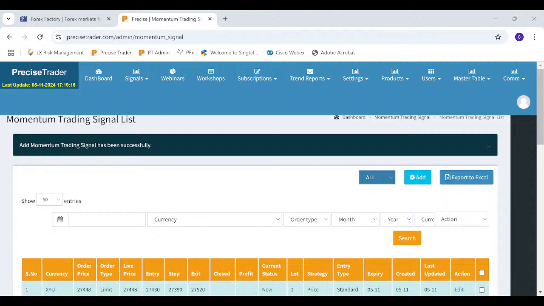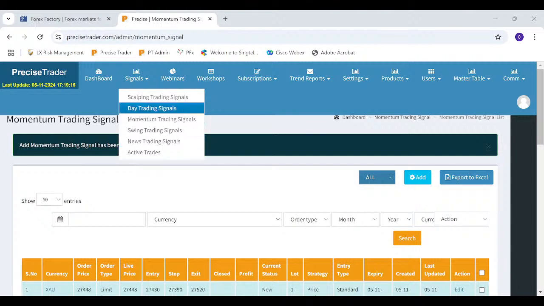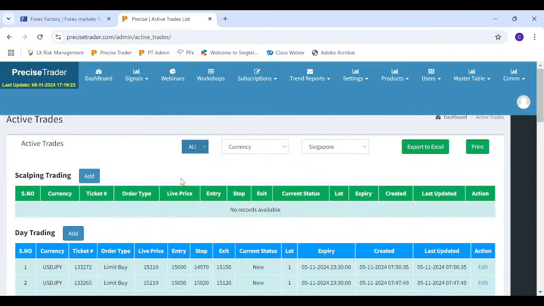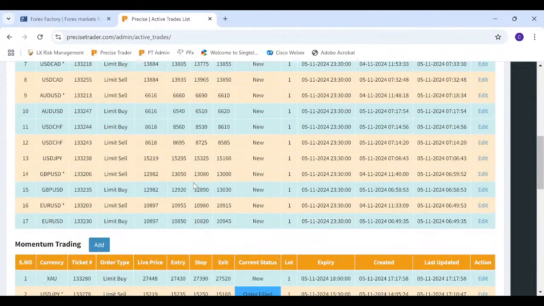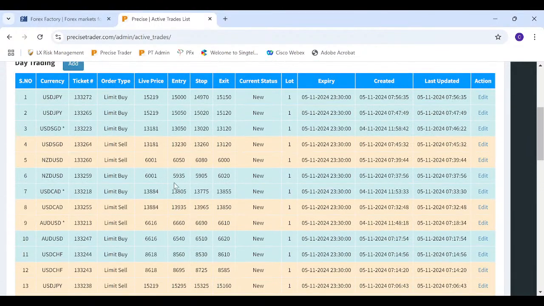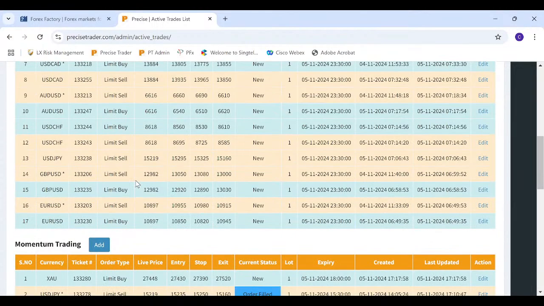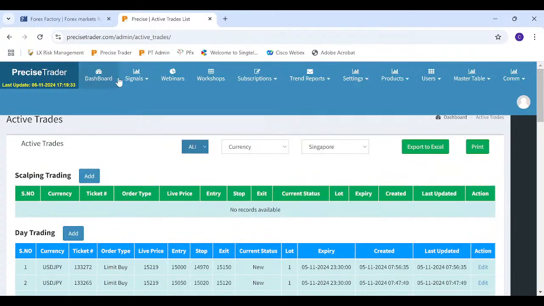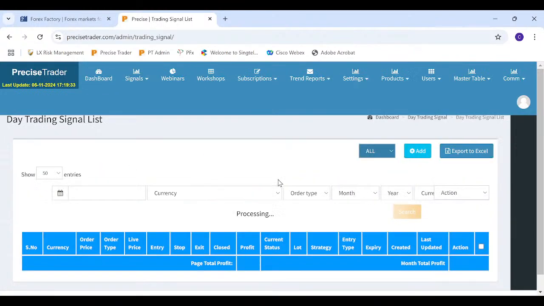So let's see. I remember this morning I gave a day trading call for a TP because today the gold, I think we are quite bullish on gold today. Okay, I think it's expired. Let me see what order was given.